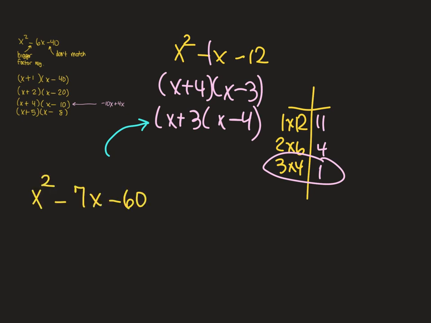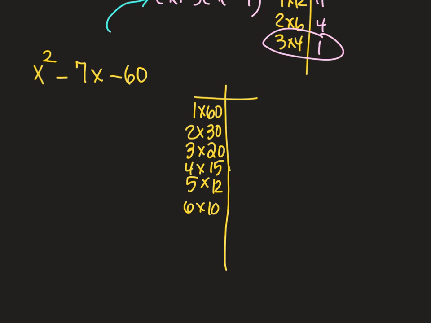All right, try this one. Hit pause, see if you can figure it out before I do it. Here's a hint. Here's all of the factors of 60. Which ones subtract to get 7? This option right here. 5 and 12 subtract to get 7.